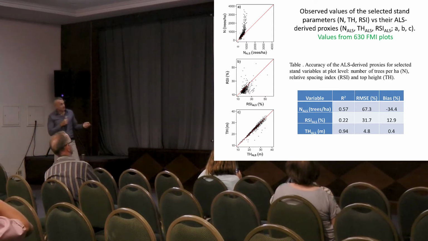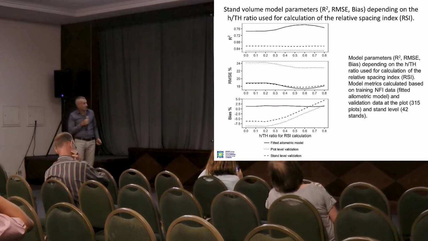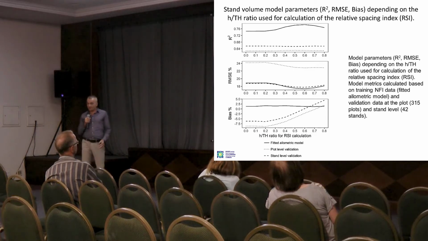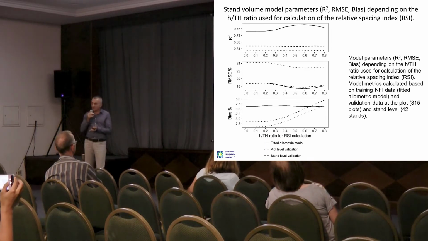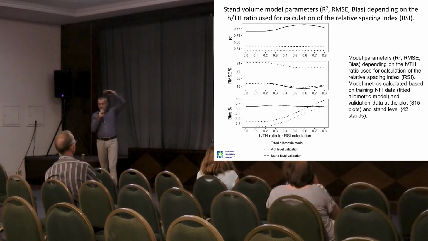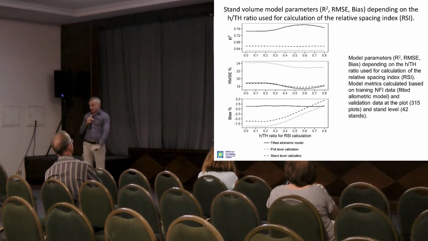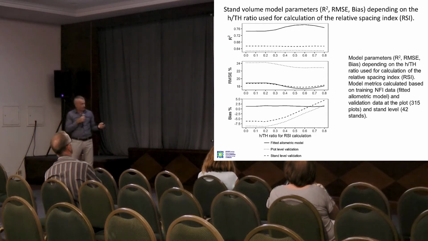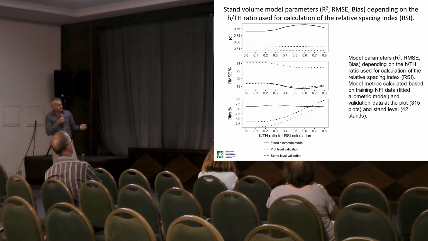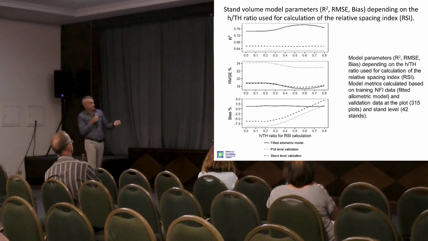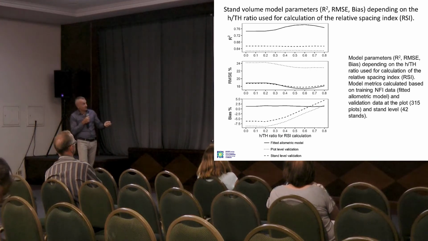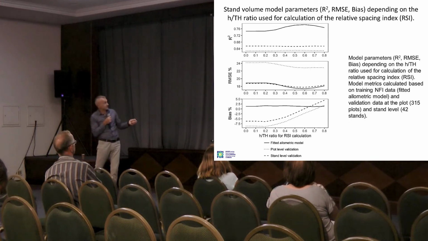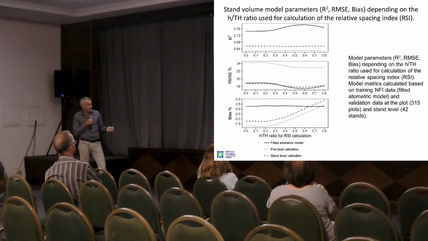Therefore, in order to solve this problem, we decided to use only part of the trees. We tried to calculate the number of trees using 10, 20, 30 and other percent of the highest trees. And here we see how the use of this ratio of the point cloud affects the results of volume estimation.